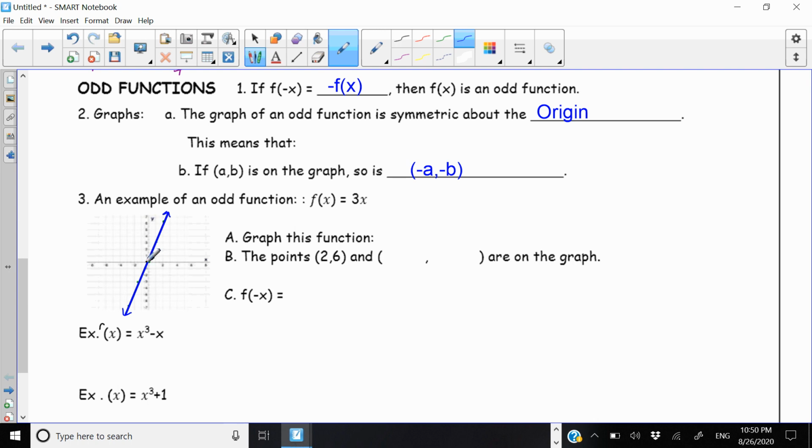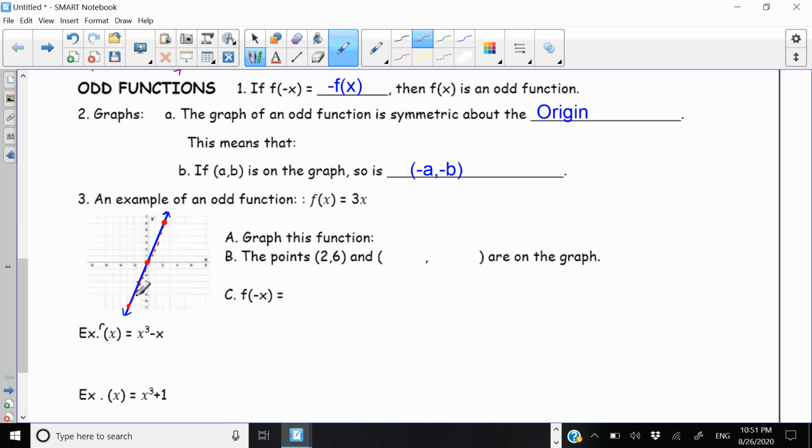What does that mean? That means if I have a point, like this is the origin, so if I have a point over here, the mirror of this point to the origin is going to be on the other side over here, and that's also on my graph. So if you want to find the mirror of a point to the origin, you just need to draw a straight line to the origin and go exactly the same way and the same measure to the other side.